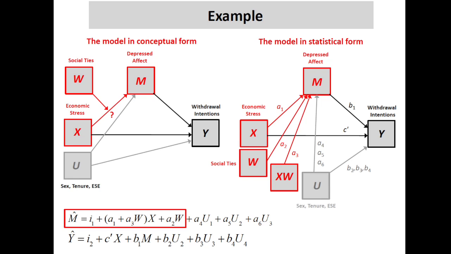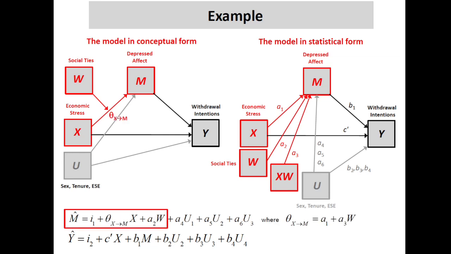Another way of writing this part of the model is like this, where I've just substituted theta xm, where I define that as this function of W. Does that make sense?